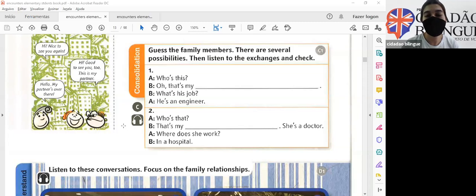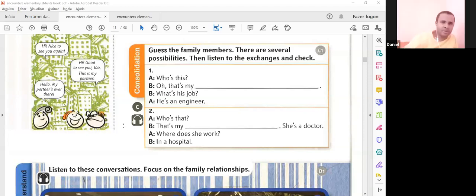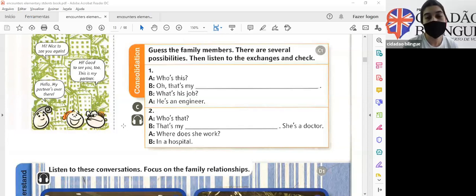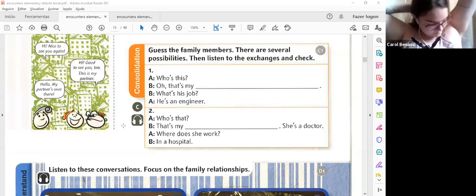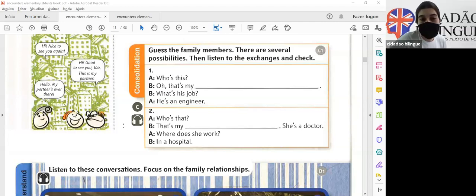All right, so what were the words? The words were, that's my father, and that's my mother. Very good. All right, do you guys have any questions about the vocabulary? Engineer, do you guys know what it is?